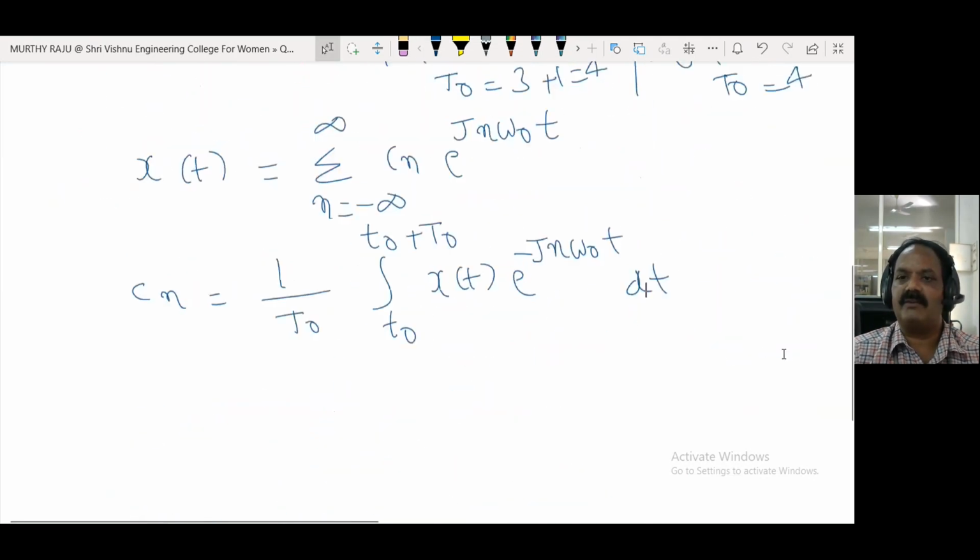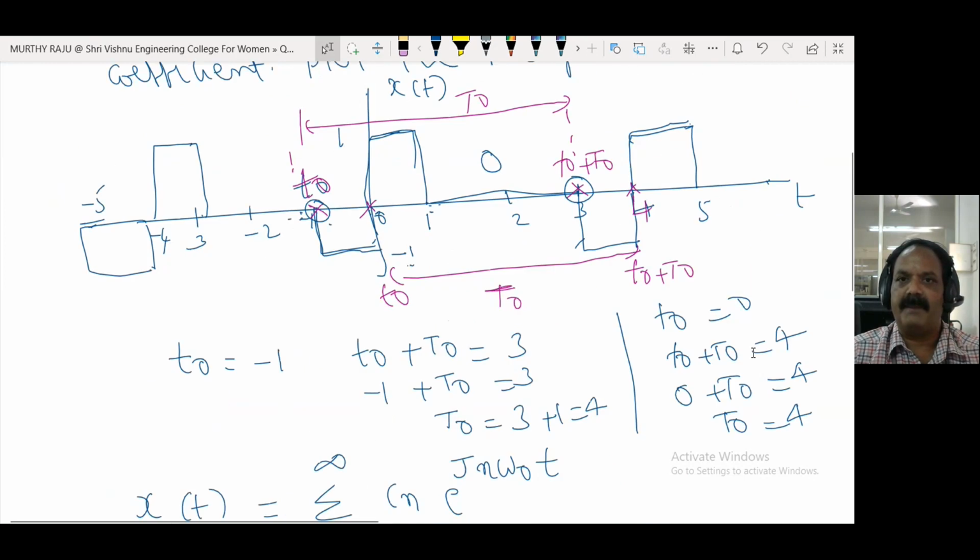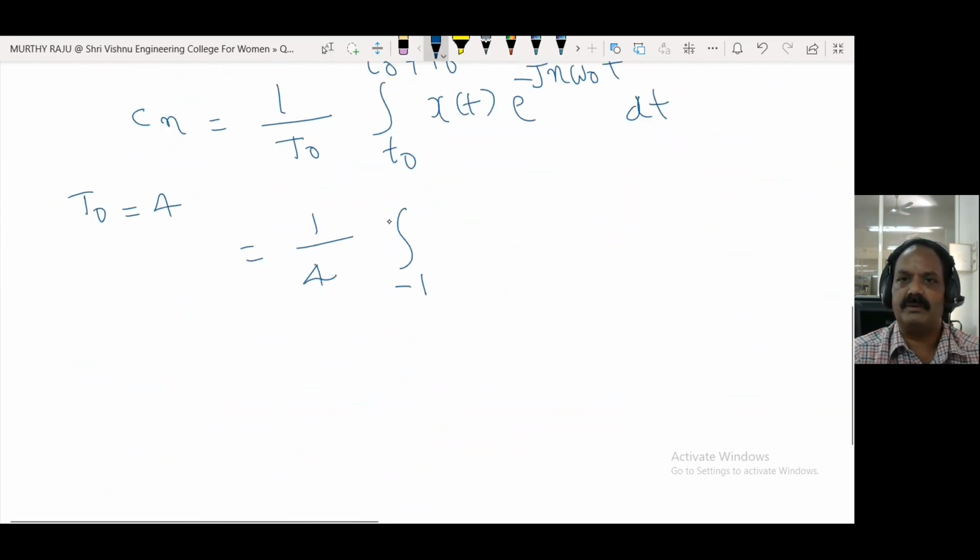We know the time period of the waveform is 4, so substitute T naught equal to 4: 1 by 4, with small t naught meaning -1 to 3, of x of t e power -j n omega naught t dt.